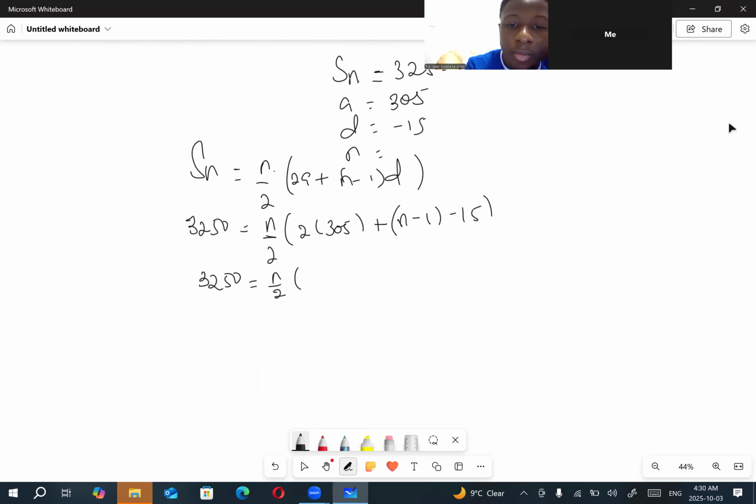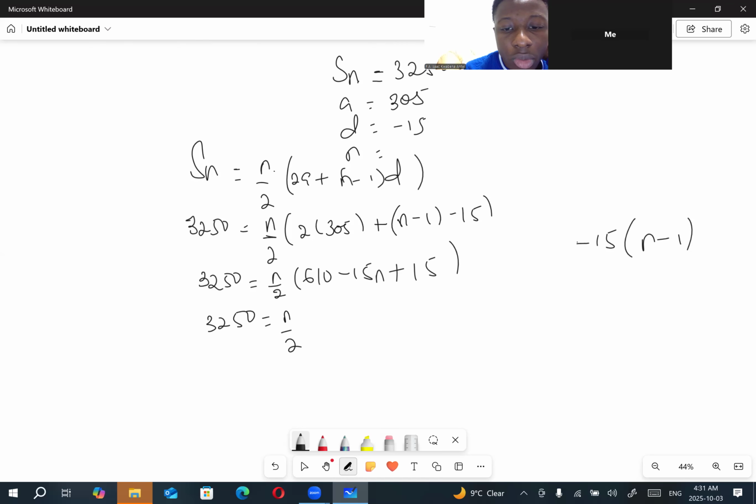Then -15 in front, multiplying n minus 1. So let's do it. That'll be -15n plus what? 15. So 3250 equals n over 2 into bracket 610 plus 15 is what?